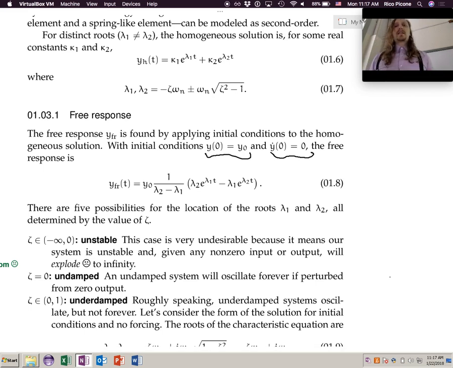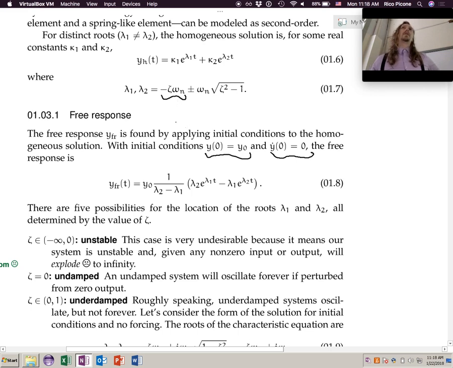This case is very undesirable because it means our system is unstable and, given any non-zero input, the output will explode to infinity. If zeta is negative, assuming omega n is positive, which it turns out always is the case, lambda 1 and lambda 2 will have a positive real part.